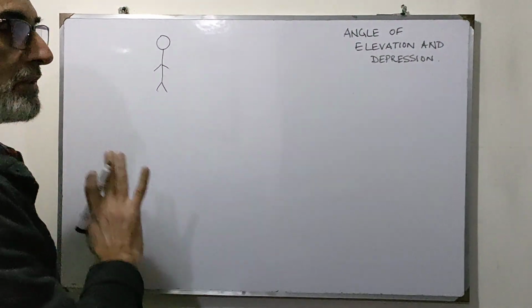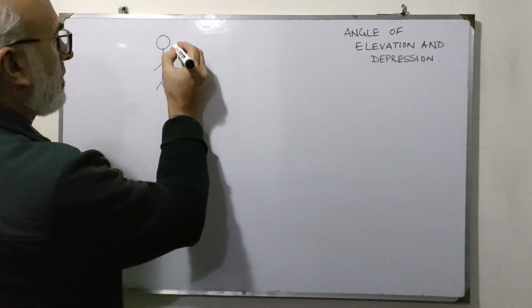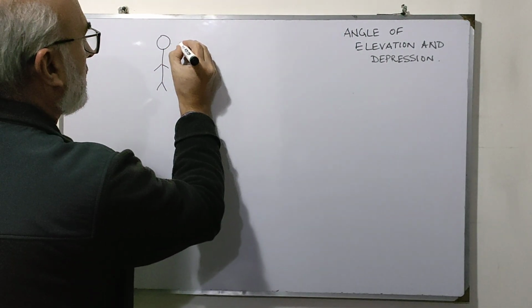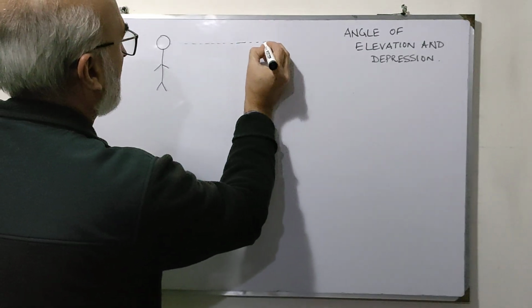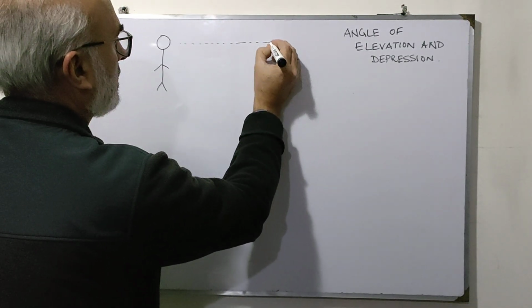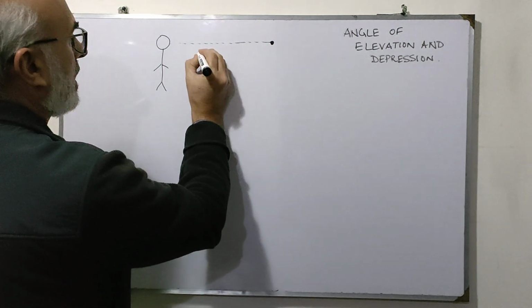If this is someone who is looking at something, and this is the object, this is the line of sight.